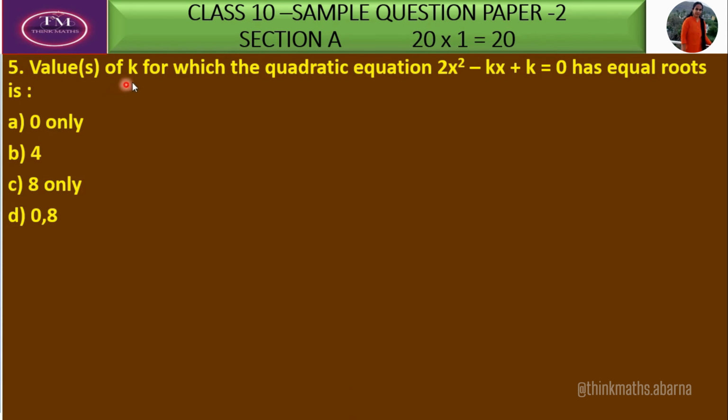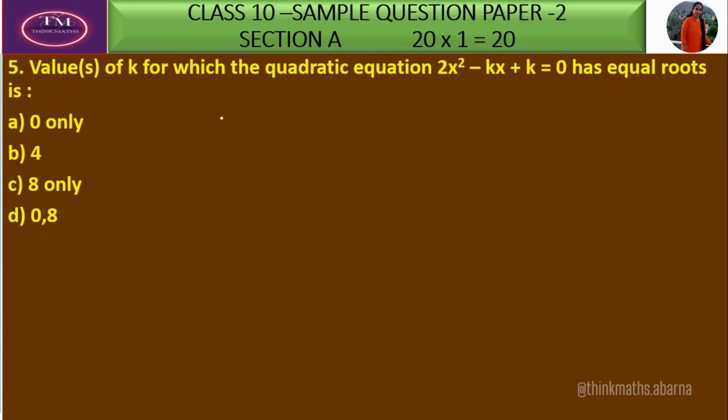Values of k for which the quadratic equation 2x square minus kx plus k equal to 0 has equal roots is 0 only, 4, 8 only, 0 comma 8. So here in the question it already says value or values. So that means k will have one value or more than one value.